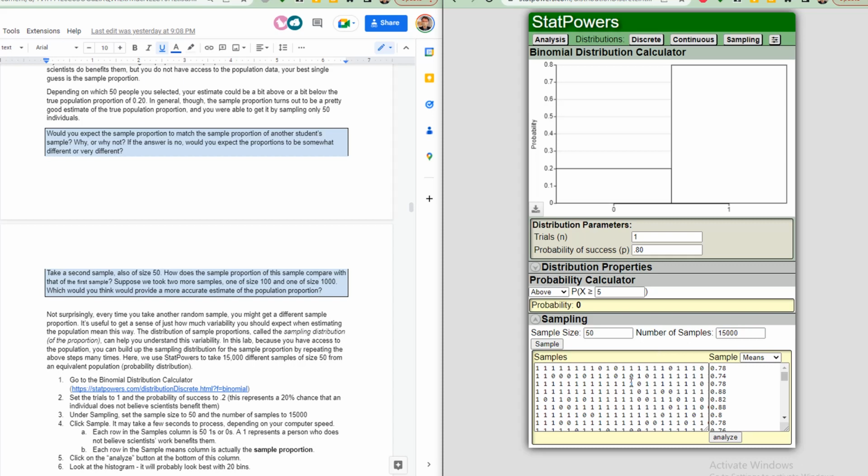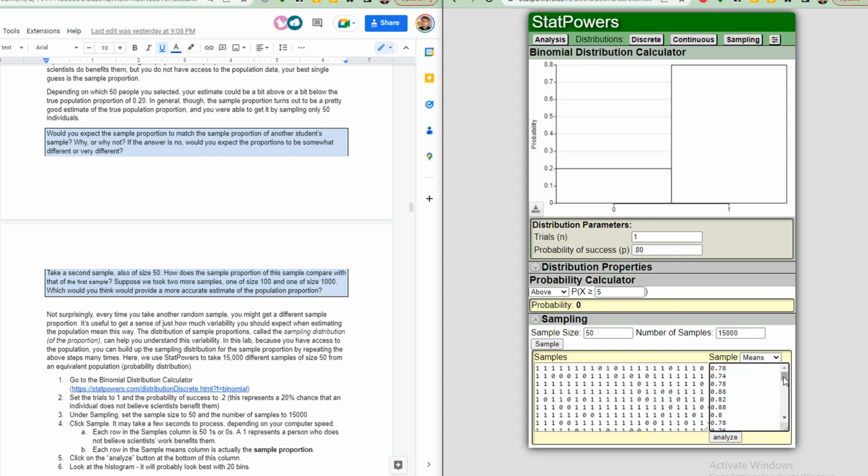Every row here represents another sample of ones and zeros, and the last column gives me the corresponding average, but in fact an average of ones and zeros ends up being a proportion, right? Because if you add up all the ones and zeros and divide by 50, what you get is the proportion of ones.